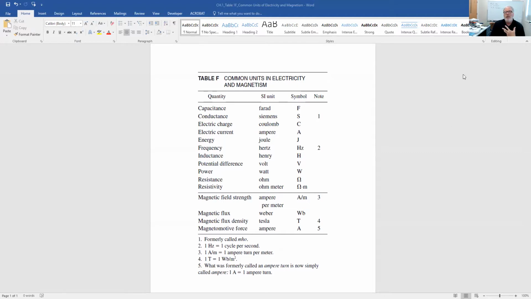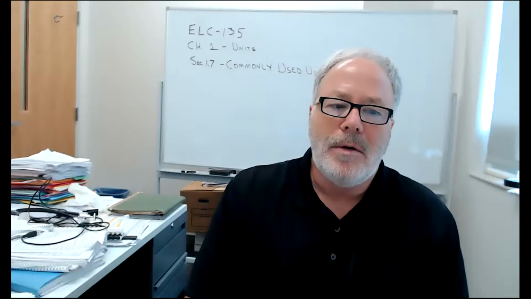So, we want to at least be comfortable with the terminology that we're using in terms of magnetics. It's an area that in our preliminary courses in 131 and 133, a lot of times we don't spend a lot of time there, but it's a critical part of understanding how electrical motors work.